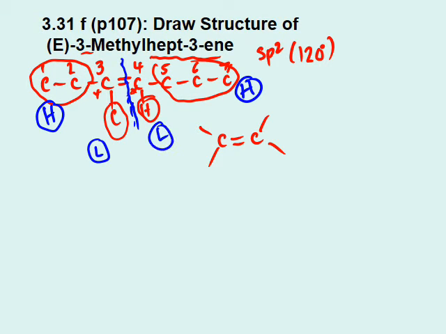H is hydrogen. Now keep something in mind. In order to have E, you must have high priority groups on opposite ends. So let's draw a line here so that we don't get confused. Now on the left hand side, I have CC as high priority, so I'm going to write down CC on the top.